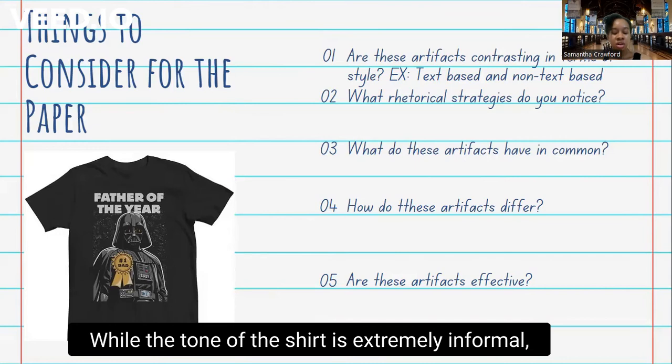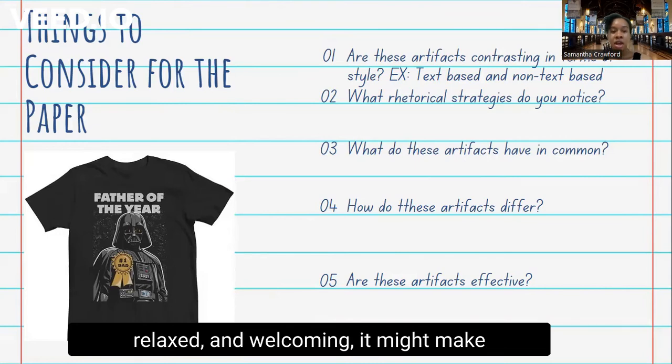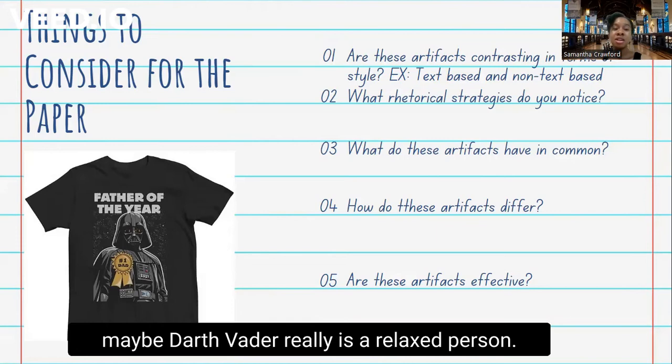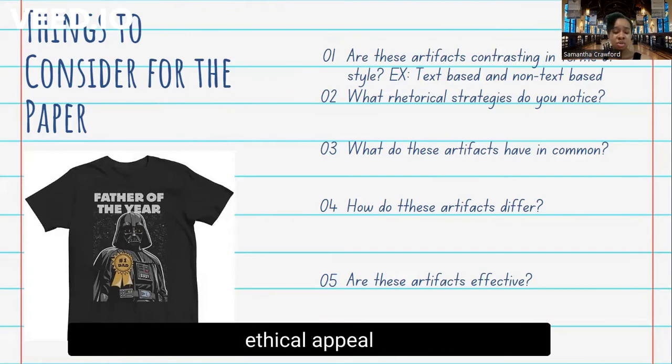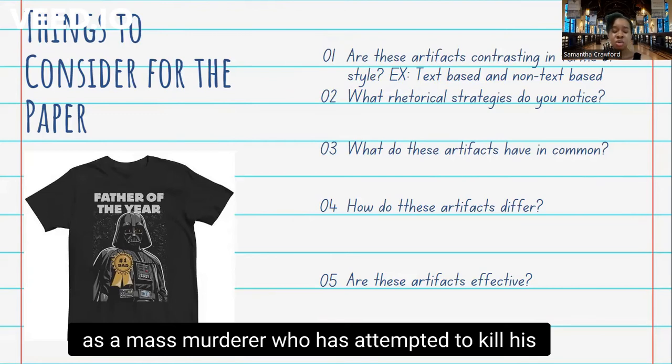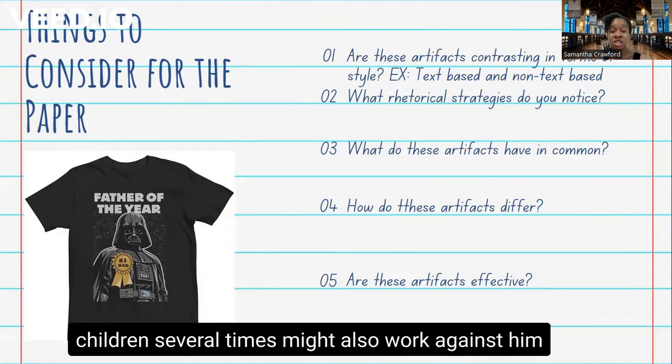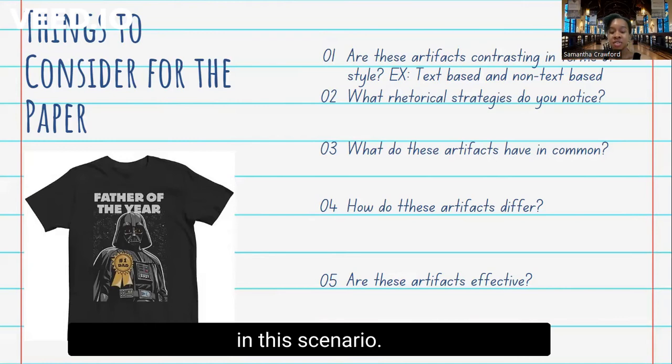While the tone of the shirt is extremely informal, relaxed, and welcoming, it might make audience think that maybe Darth Vader really is a relaxed person after all. The author in this case, Vader's ethical appeal, as a mass murderer who has attempted to kill his children several times, might also work against him in this scenario. Emphasis on the might.